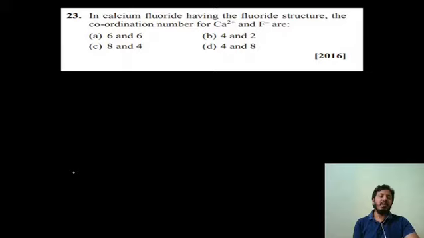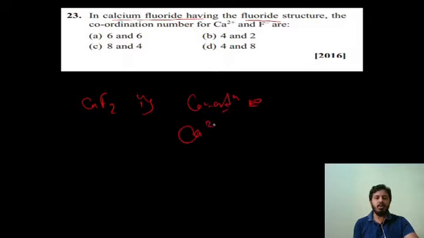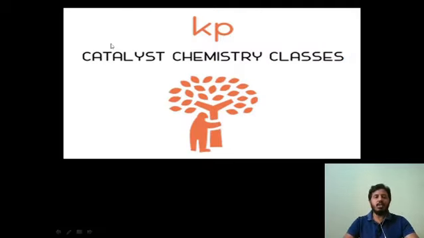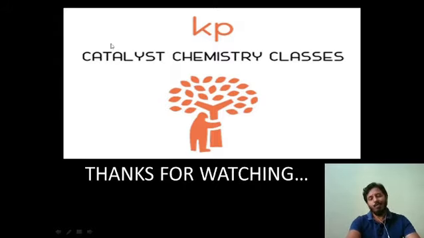So here, as they have given, the calcium fluoride is having fluorite structure, which means in CaF2, the coordination numbers of Ca2 plus and F minus are, for Ca2 plus it is 8 and for F minus it is 4. That means 8 is to 4. Option C.